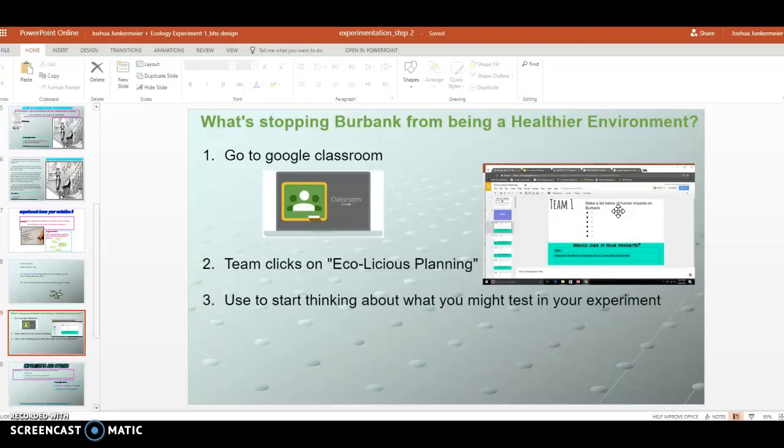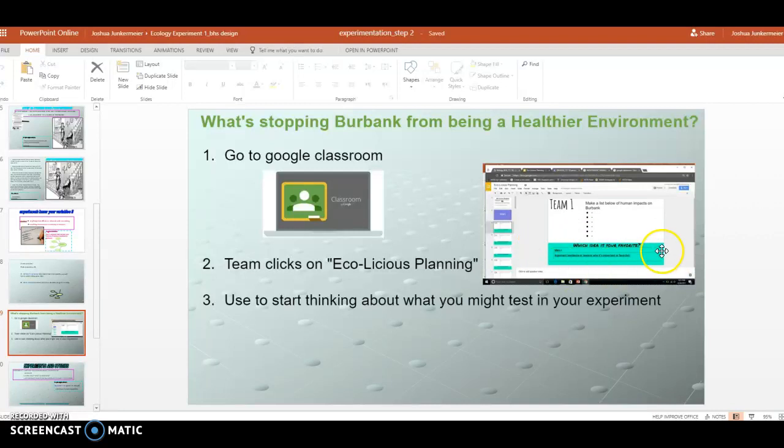It's creative. We don't know if it's right. We're just making a list of what we think are six things in your team that could be affecting the environment, or things we're doing that keep Burbank from being a healthier environment. What are six possible variables, things that people could be doing that keep our environment less healthy? Then you would list those.